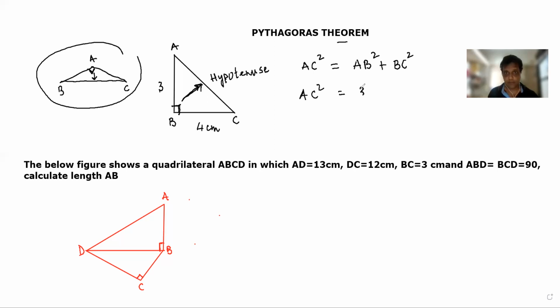Given is AB, which is 3 square, BC, which is 4 square. We know that this is 9 plus 16, which is 25. And AC we can easily calculate. AC square is 25, so AC will be square root of 25, which is 5. So if we know the two sides, we can easily calculate the third side, which is 5 centimeter.